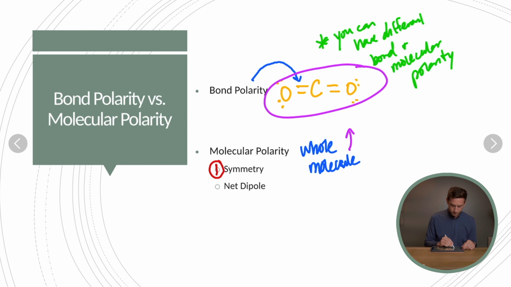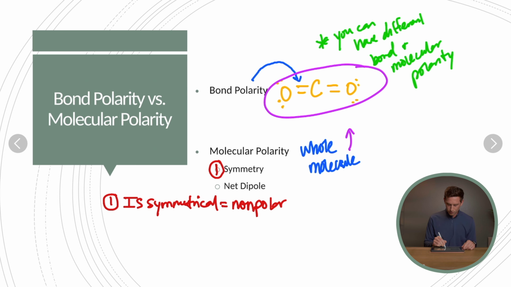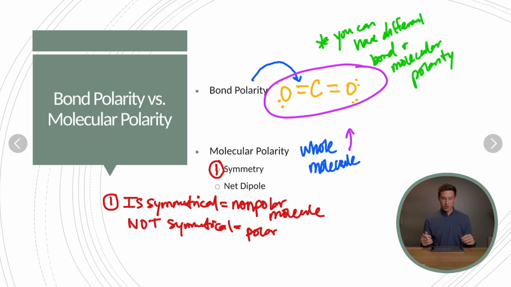If a molecule is symmetrical, it is a non-polar molecule. If it is not symmetrical, then it's a polar molecule. So I would make sure I know that. Again, this is to help us identify molecular polarity.